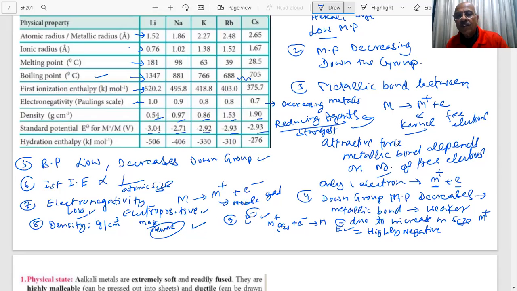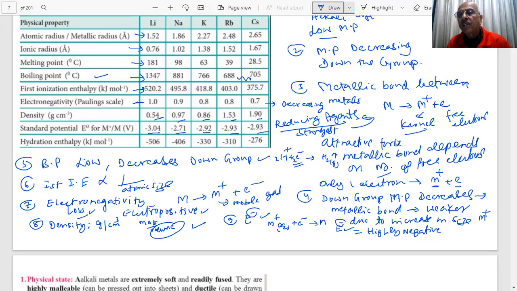If you have H plus and you give an electron to this, what will happen? Hydrogen gas will be liberated, student, from water and acids. So they are strong reducing agents. Alkali metals are acting as very good reducing agents, very important.